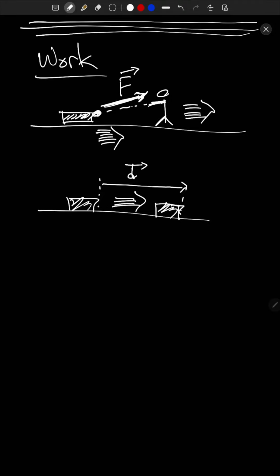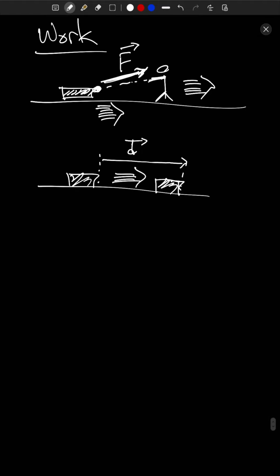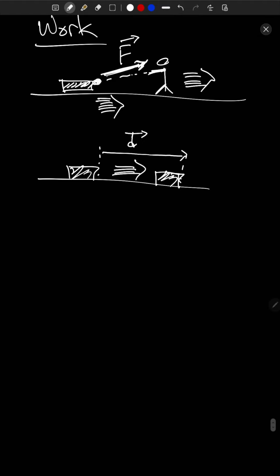So the question here, the interesting thing here, is that because I'm pulling this object kind of diagonally upwards, part of my effort is wasted, right? Because part of this vector F, I can break it down into a vector that's in the direction of the motion of my object and a direction that's perpendicular to that.